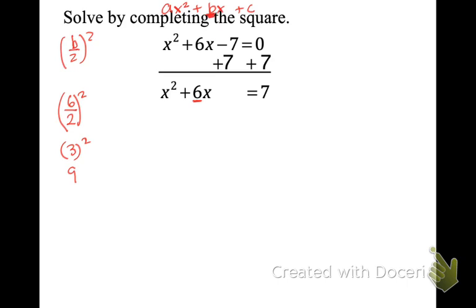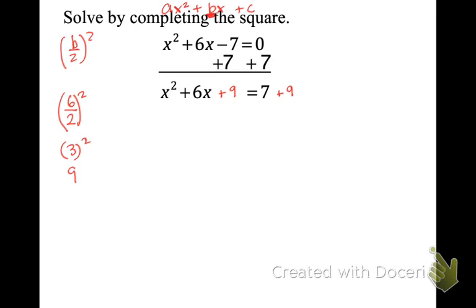So I can do anything to an equation as long as I add it to both sides. So I'm going to add 9 here, and I'm adding 9 here. It's keeping my equation in balance. But what I've done is I've created this perfect square trinomial here. I completed the square. By adding the 9, that is completing the square.